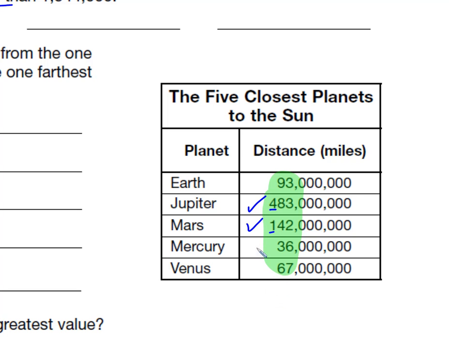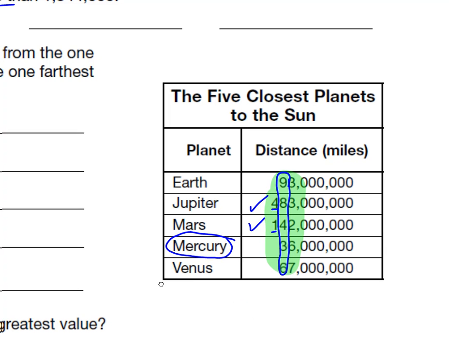So the one that's closest to the sun, you are going to look in the 10 millions place to decide what that planet is. And the smallest number here is 3, or the 3 in the 10 millions place. So the closest planet to the sun is Mercury.